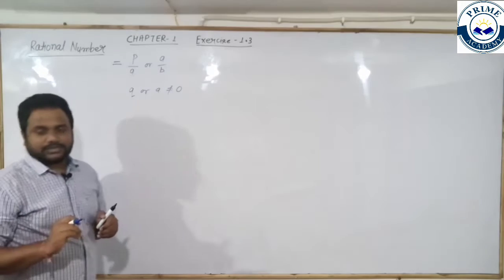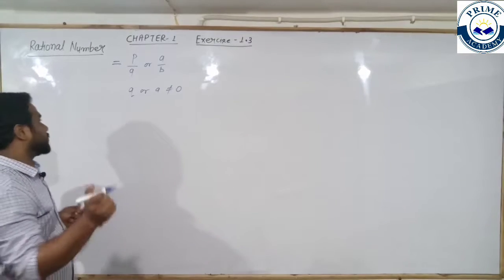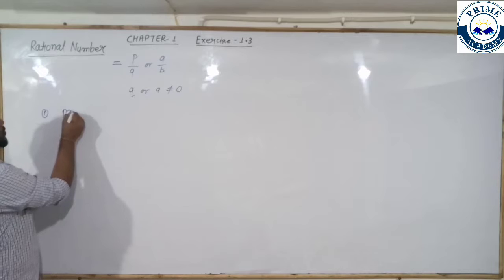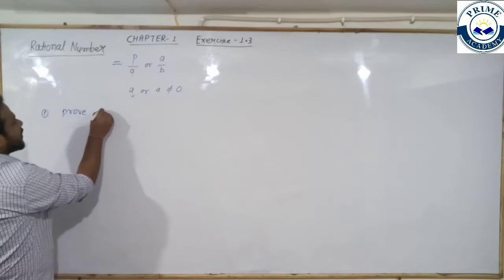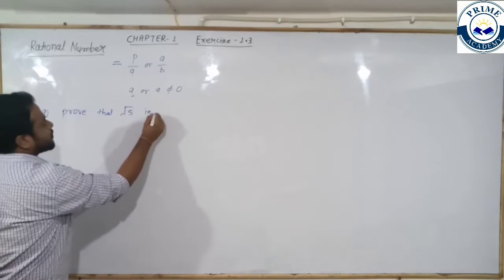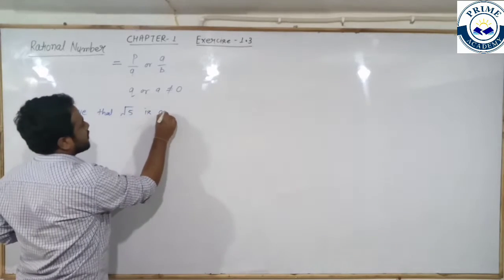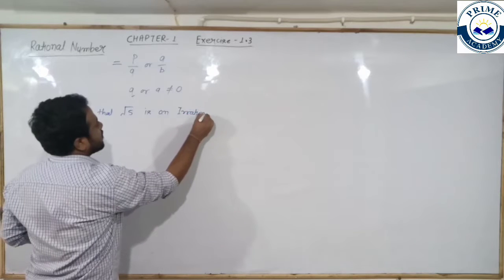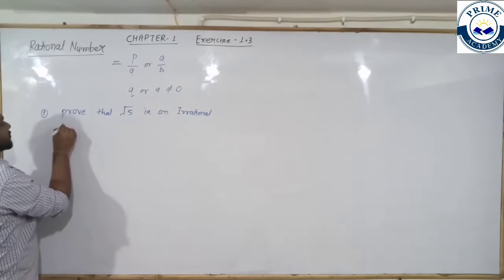So in this exercise, the first question asks us to prove that root 5 is an irrational number.